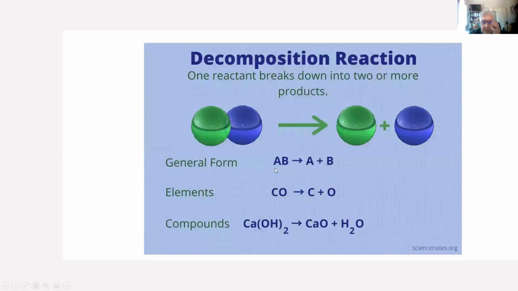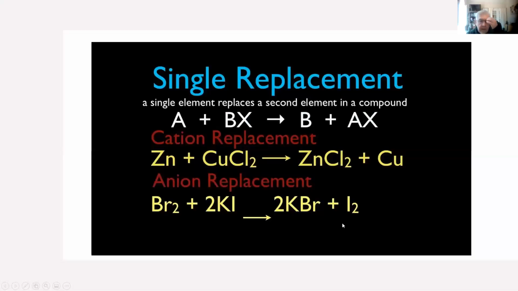The decomposition is the opposite. The compound is broken into the elements, like this case, or into two simple compounds, like in this case. Single replacement is when one element replaces another in a compound, and this element goes alone.